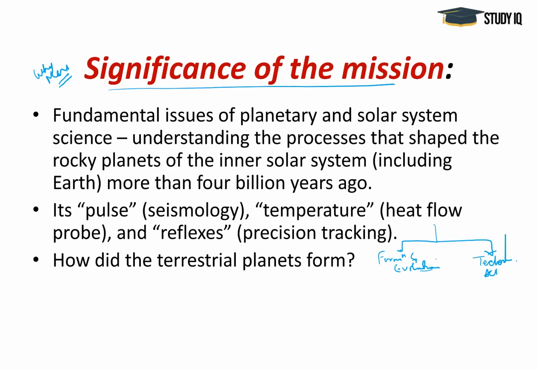See, earlier also we have sent a lot of missions to Mars, but earlier Mars missions investigated the history of the red planet by examining features like canyons, volcanoes, rocks, soil. But now we will study more vital signs below the surface of Mars. So that is the main objective.